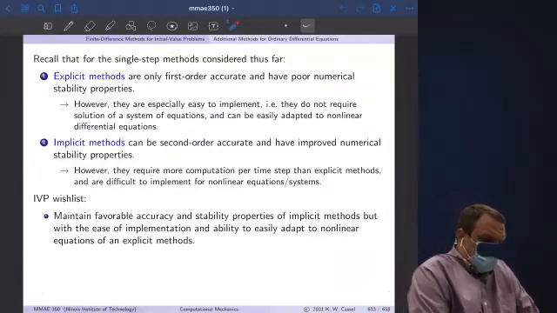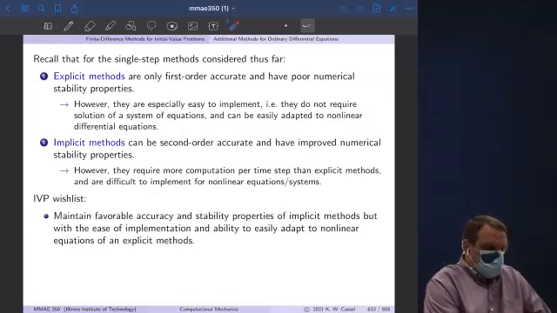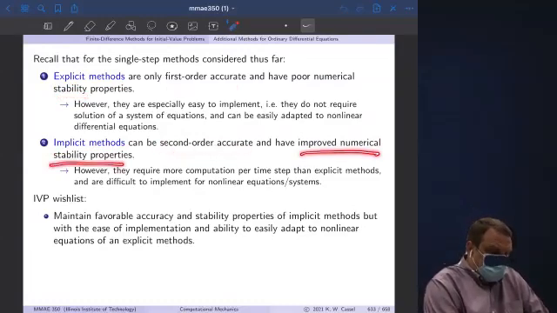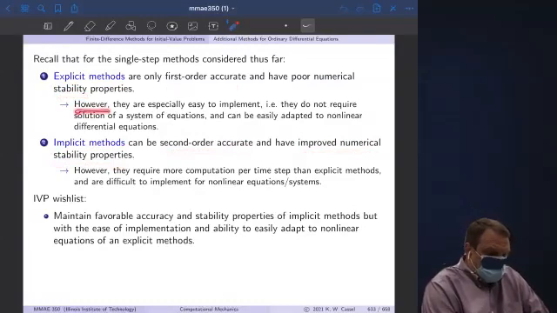And here I've summarized what I just said a moment ago about explicit methods and implicit methods, and just to remind us of the pros and cons. Explicit methods are first order accurate with poor numerical stability properties. Implicit methods can be second order accurate, and they can have improved numerical stability properties. However, there's a however for both.